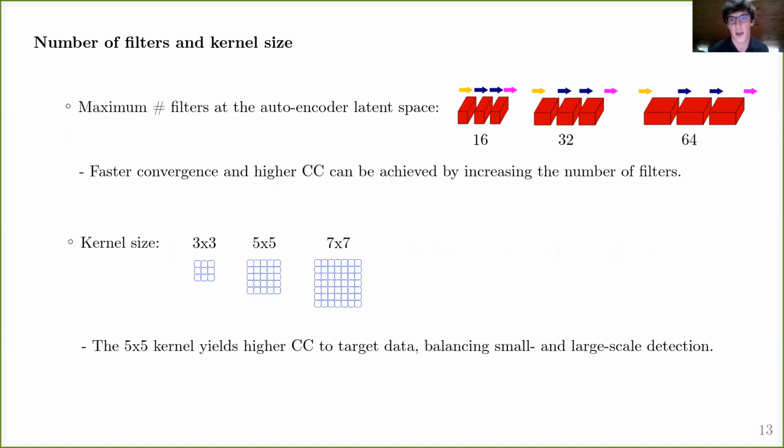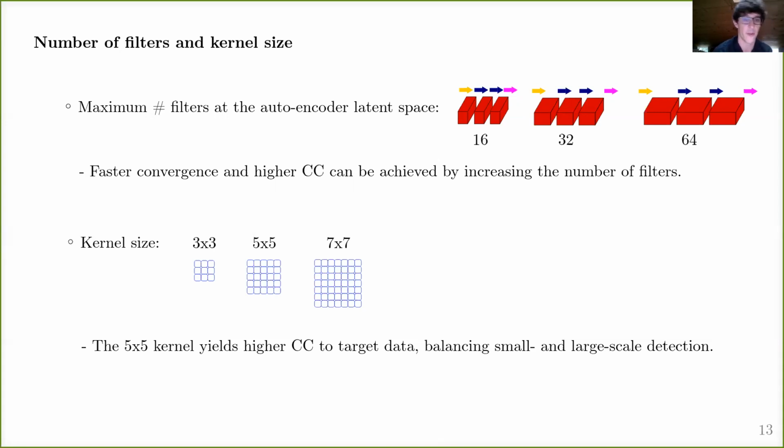This is how we modified the number of trainable parameters as well. Similarly to the architecture hyperparametric study, the one having a higher number of trainable parameters, here the 64 filters in the latent space, showed better performance in terms of higher correlation coefficient.